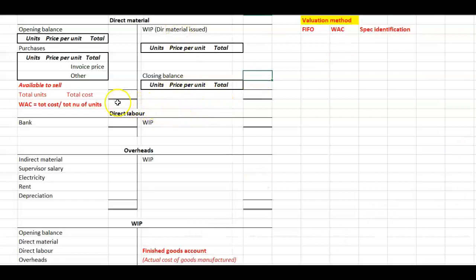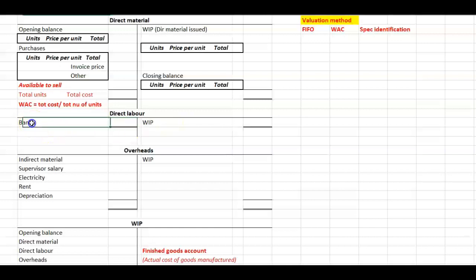Good. In my direct labor account, it will be all the direct labor costs that I have paid during the year. The only other thing that can lie here is accrued expenses. If there were still direct labor costs that I owed at the beginning of the year, or there are still direct labor costs that I still owe at the end of the year, what am I going to transfer to work in process? Only those direct labor costs that I've incurred for the current financial period.